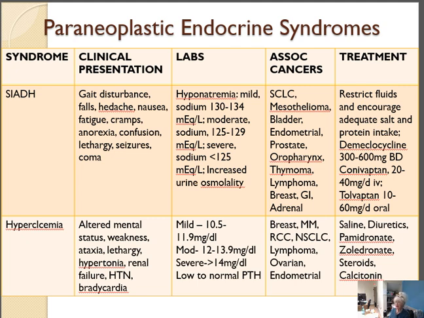So if you see somebody coming in with proximal muscle weakness and Gottron's papules and a heliotrope rash, on your differential diagnosis, first could be adenocarcinoma of the ovary.